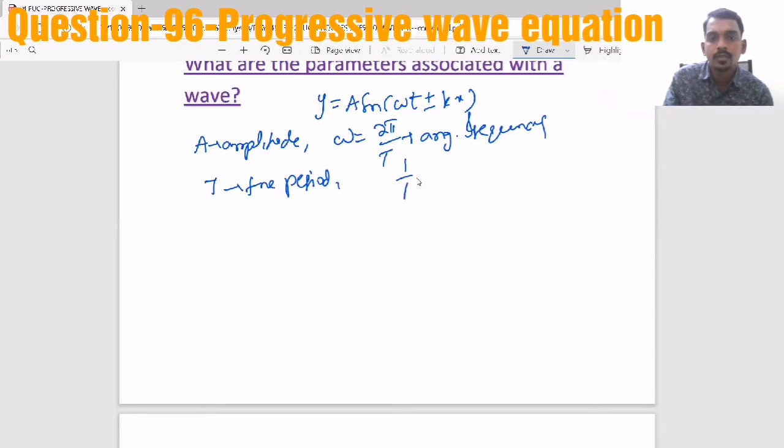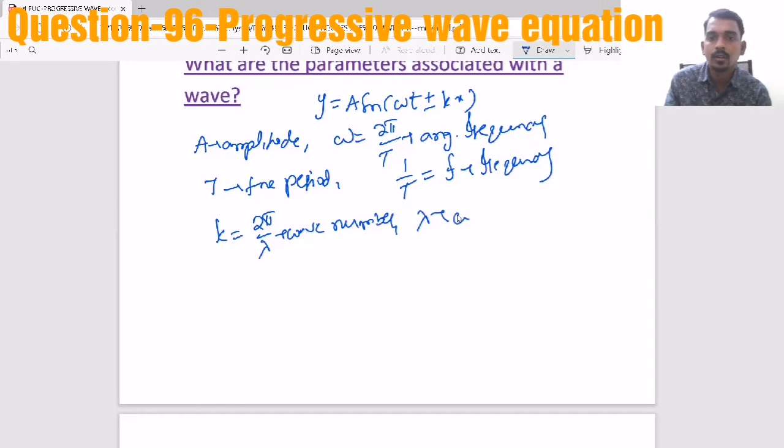The number of revolutions per 1 second, 1 by T, is called frequency. Omega is angular frequency, f is frequency. k equal to 2 pi by lambda is the wave number, and lambda is called the wavelength.